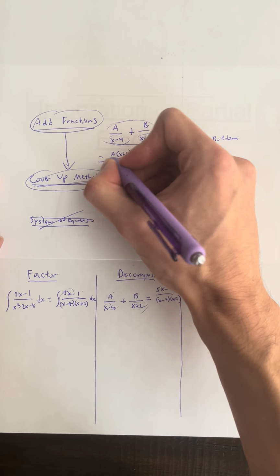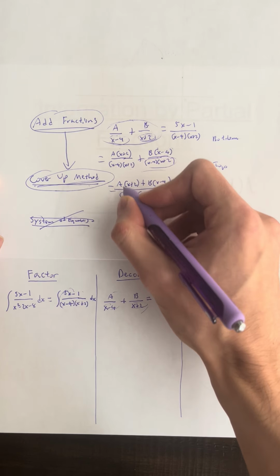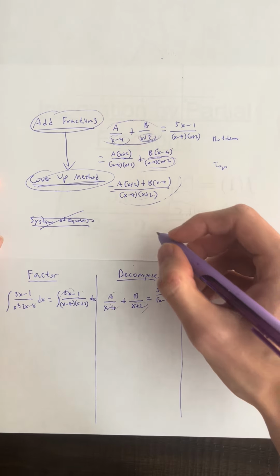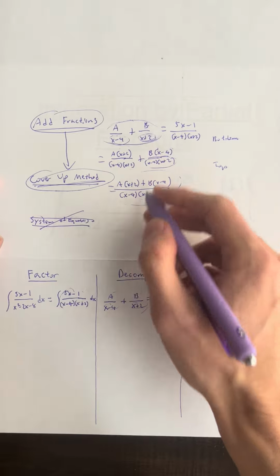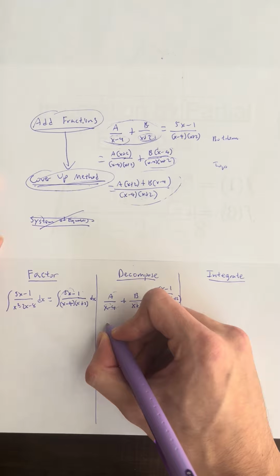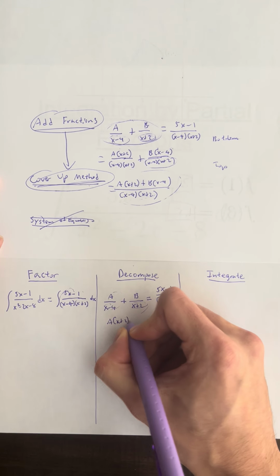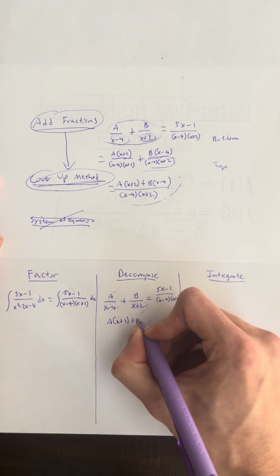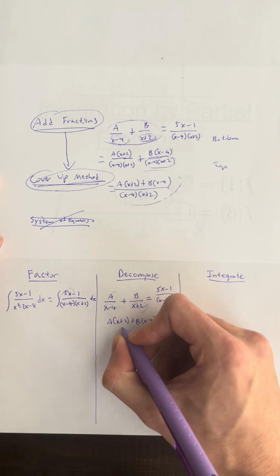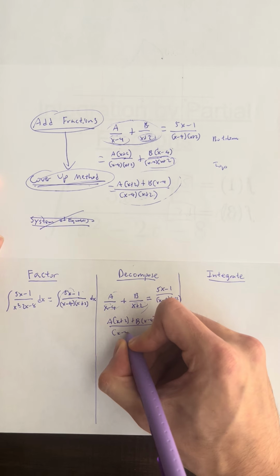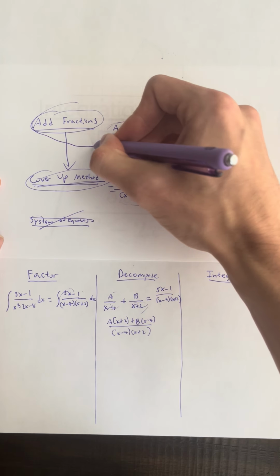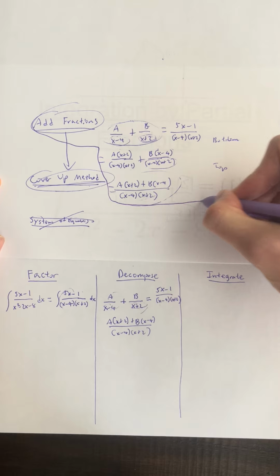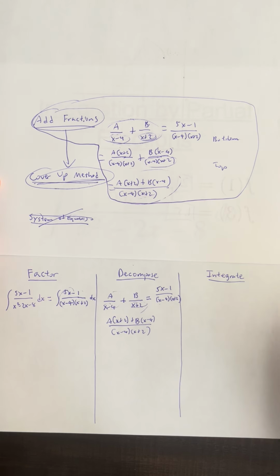If this is equal to this, which is equal to this. So I'm going to change this to this. Okay, so that's how to add fractions.